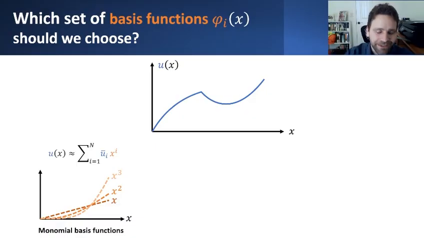So the monomial basis, and in general polynomial basis functions, are a fairly good starting point. They have nice convergence properties in terms of their ability to approximate general solutions to these problems of interest, but they have some drawbacks. I won't go into all the details, but they do have some challenges.